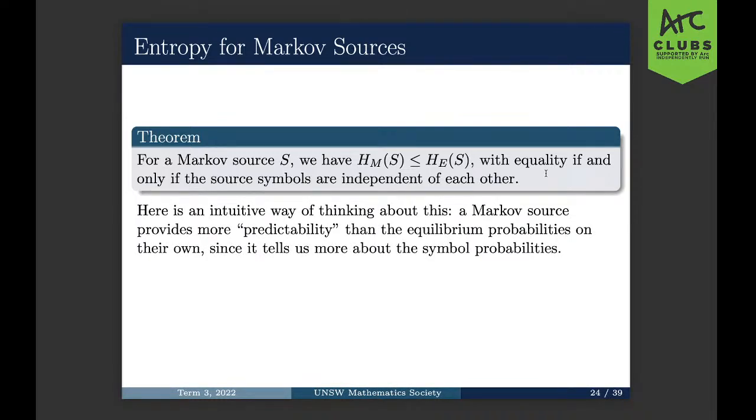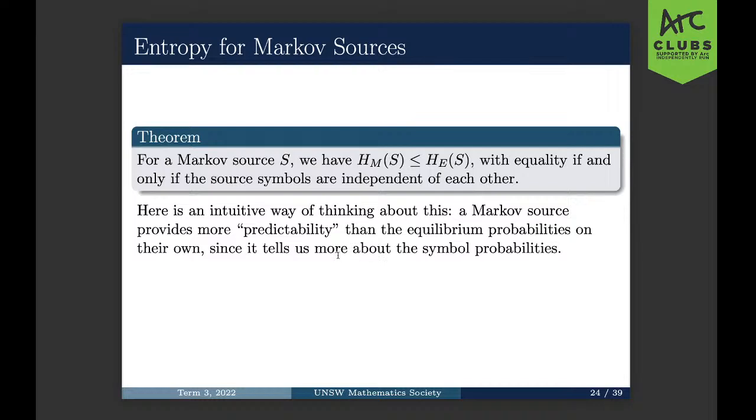And there is an intuitive way of thinking about this. A Markov source, if you remember, provides us more information about the source symbol probability. So in a sense, it's more predictable. You're less surprised by the symbols that you receive because of the extra information you have about the symbols, as opposed to if you just had the equilibrium probabilities on their own.